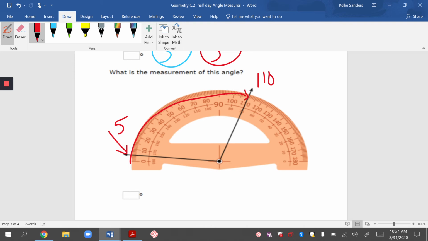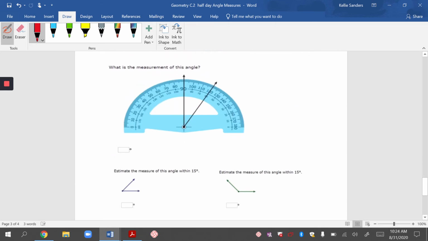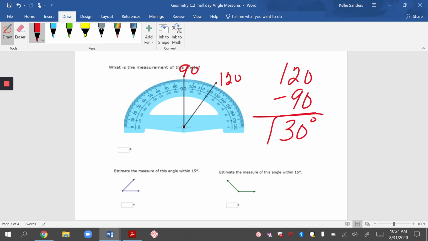So if that's the case, we subtract them. 110 minus 5 is 105 degrees. That would be your answer. And for this one, 120 minus 90 is 30 degrees.